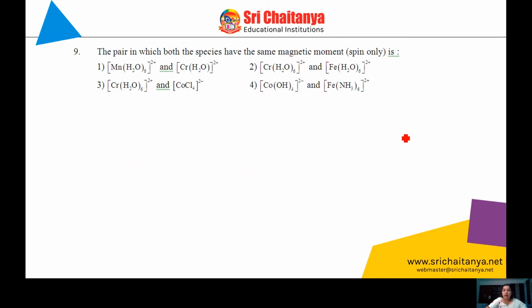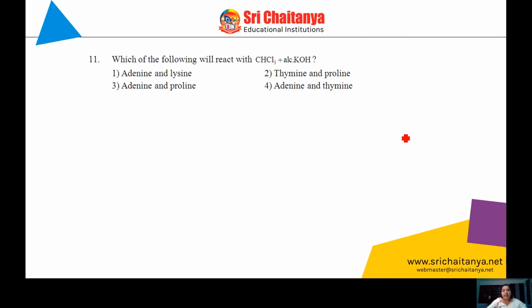Our next question is number 11. Which of the following will react with chloroform plus alcoholic KOH? Here the options are different types of compounds containing nitrogen: adenine, lysine, thymine, proline, all of them nitrogen containing compounds.